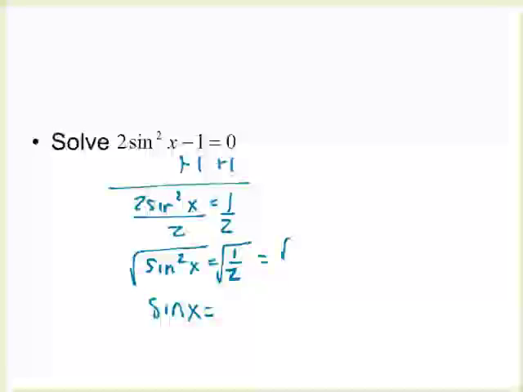Square root of 1 is just 1. Square root of 2 is not pretty, so we will leave it. And what do we get in an equation when we take a square root? Two answers. Which two answers? Plus and minus. When we solve a square root equation, we always get a plus and minus.